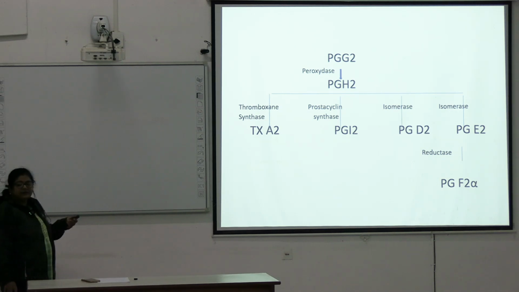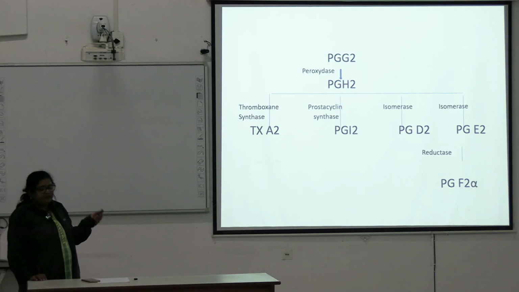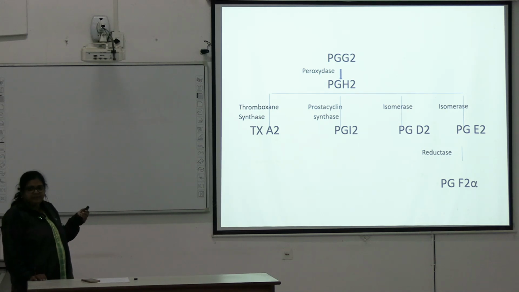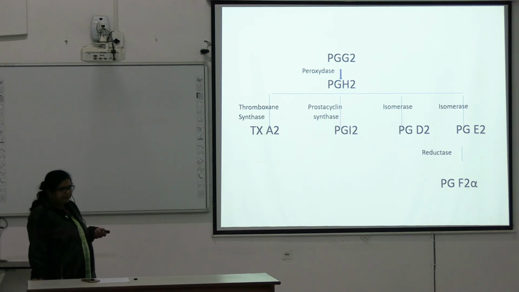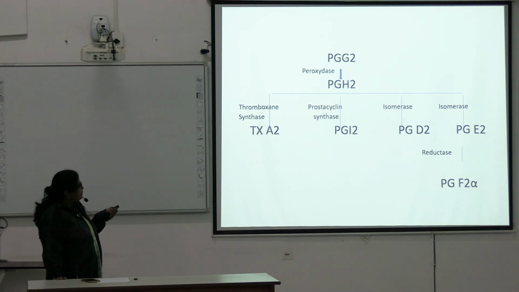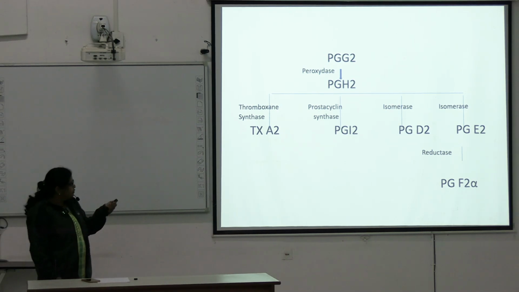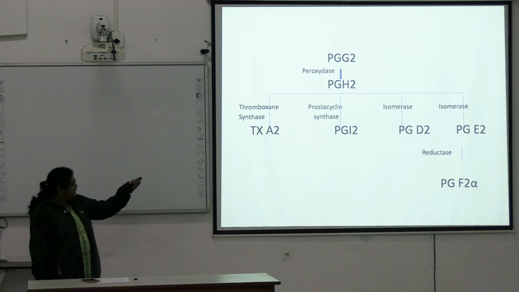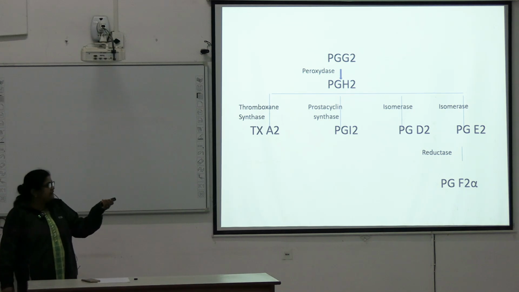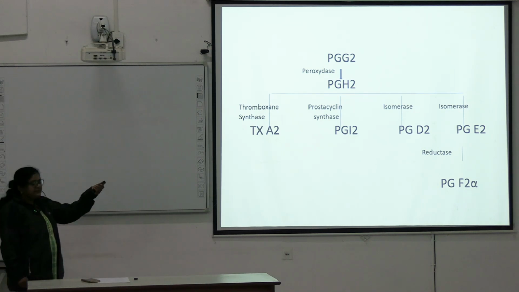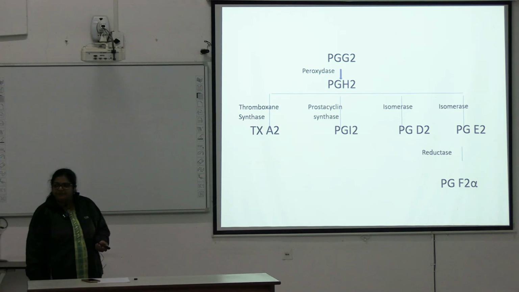These are the prostanoids derived from PGG2, which is derived from arachidonic acid by the action of cyclooxygenase.